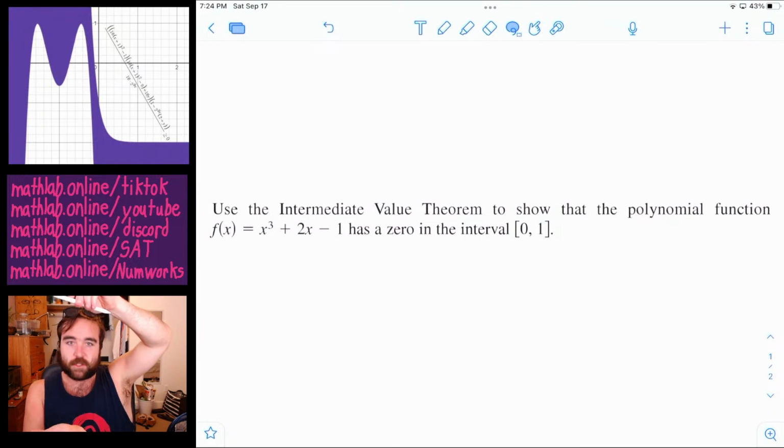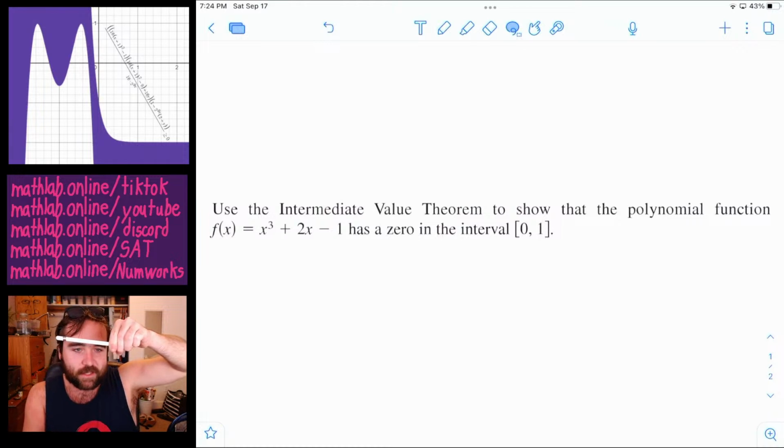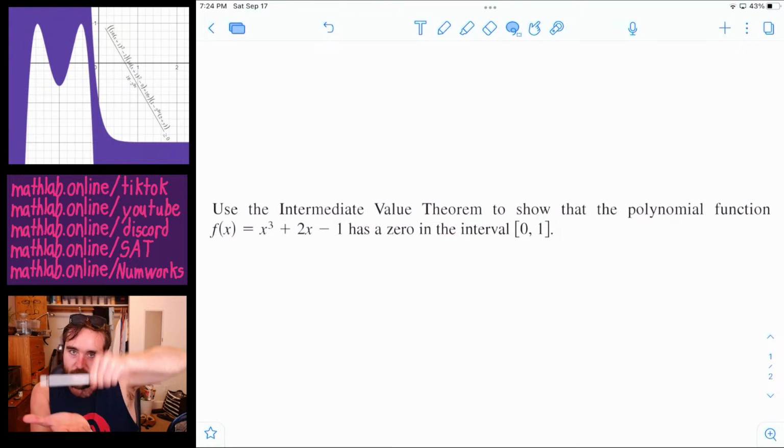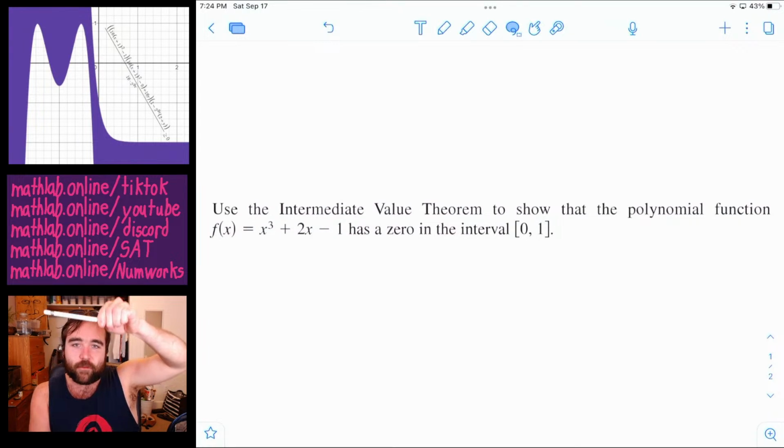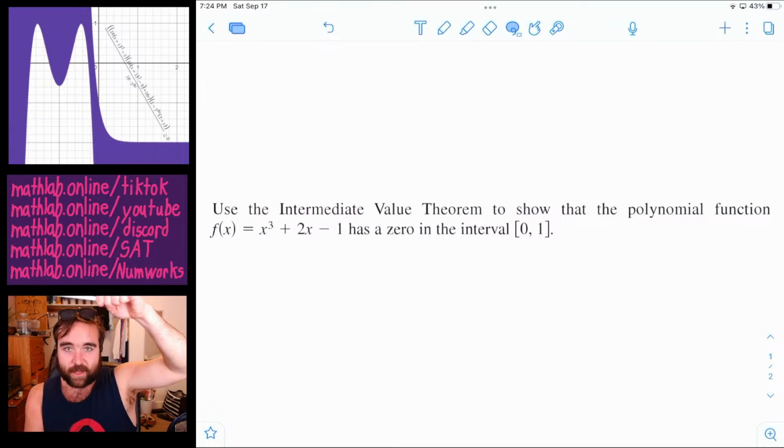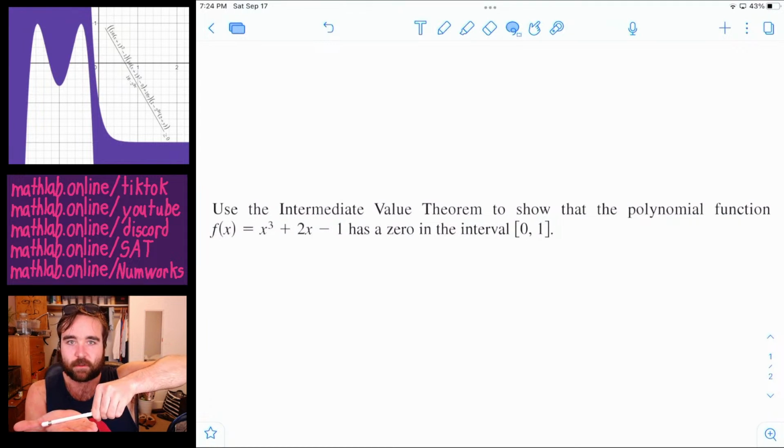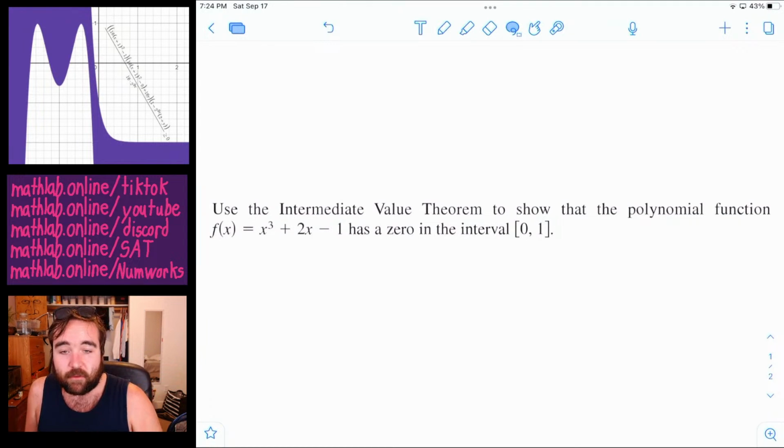So if it went from being 12 inches above my hand to 0 inches above my hand, was it at some point 6 inches above my hand? Well, obviously, right? Because it went from 12 down to 0. So at some point it was 6 inches above my hand. At some point it was 7 inches above my hand. At some point it was everywhere above my hand. It's going to hit every single point in between that 0 inches and 12 inches. And that's the idea with the intermediate value theorem.